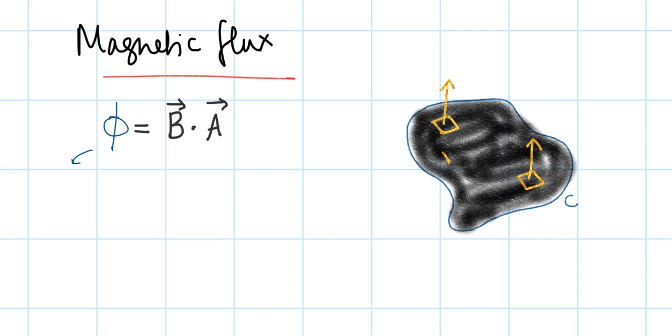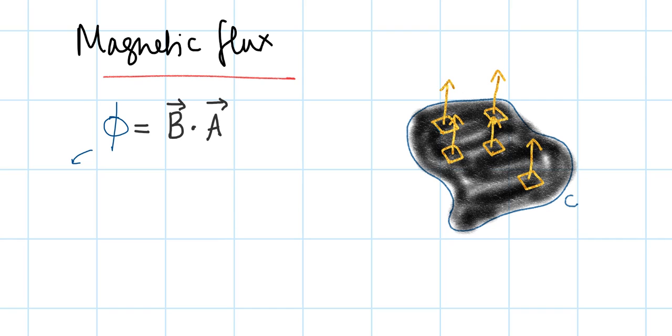So for every tiny or elemental area you take within C, the vectors which represent the area will all be parallel. So this is how you define a flat surface. All the elemental area vectors within the closed region C will be parallel to one another. The arrows in this figure indicate the elemental area vectors and their directions.